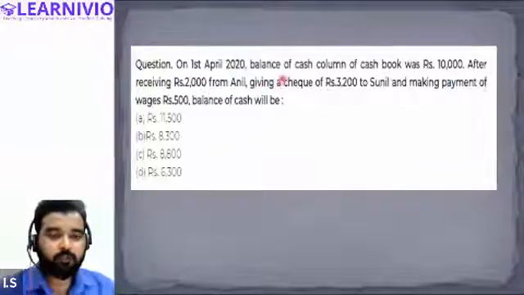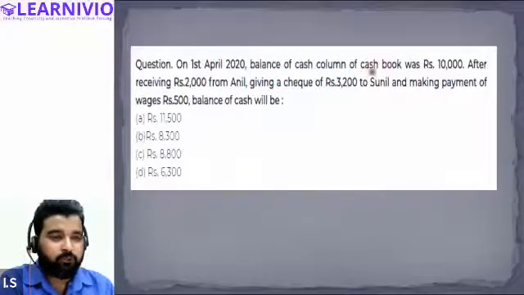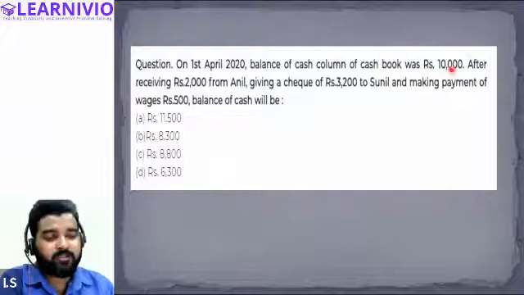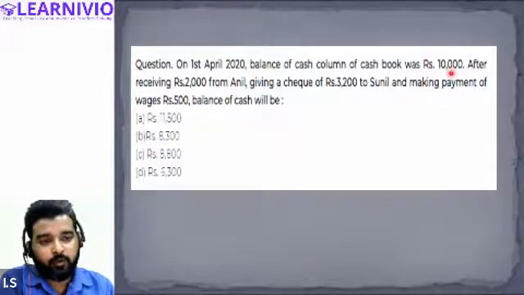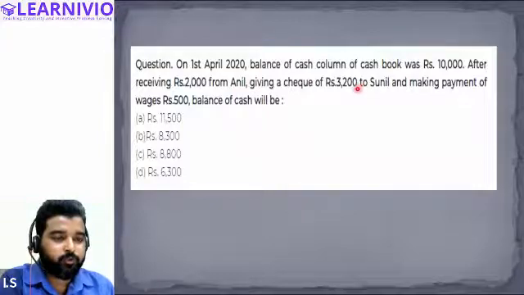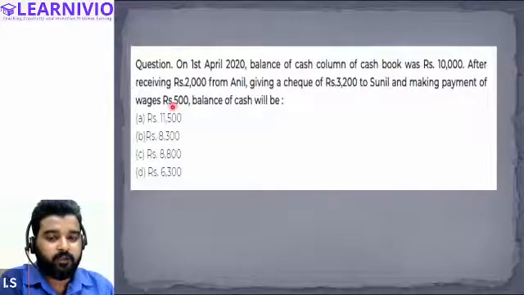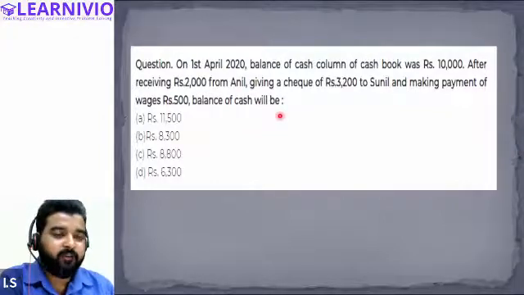Okay. So see, first of all, on 1st April 2020, the cash column of the cash book has 10,000 rupees. After receiving 2,000 from Anil, giving a check of rupees 3,200 to Sunil and making payment of wages rupees 500, how much cash will be available now?